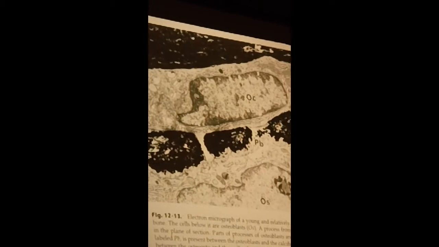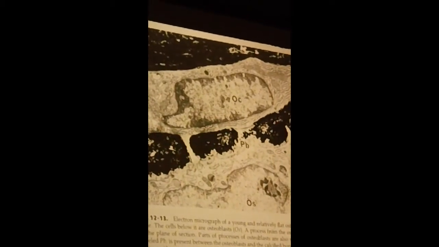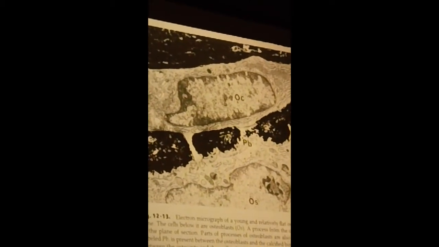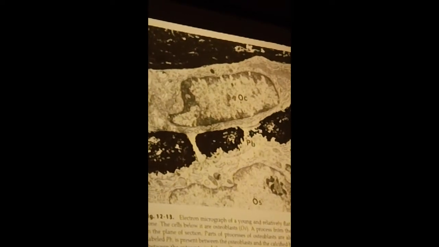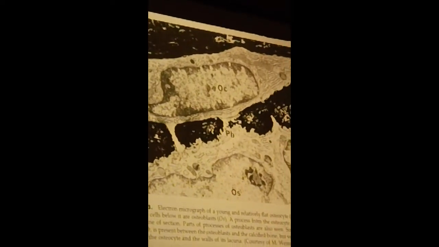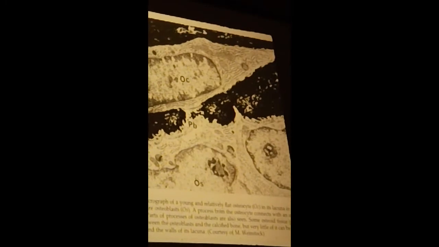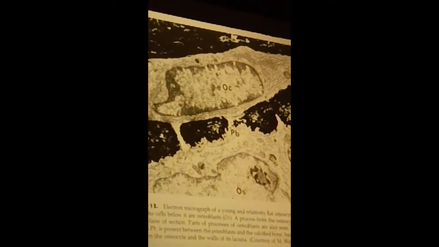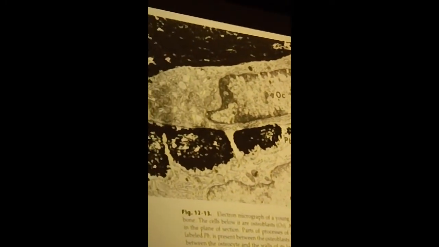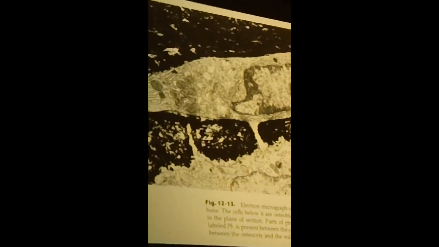But note that the matrix right here is not mineralized, because the first thing that's laid down is what's called osteoid. So it's the collagen fibrils. You know, it's all the organic components, which then when it's mineralized, we talk about as mineralized bone. And you can see, as Nigel pointed out, that these cells are connected to each other via these canaliculi.